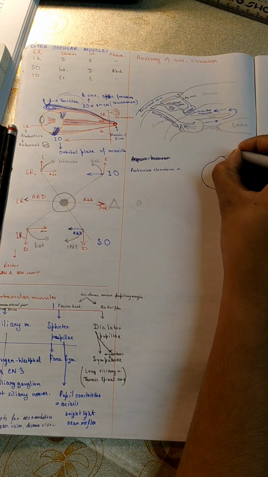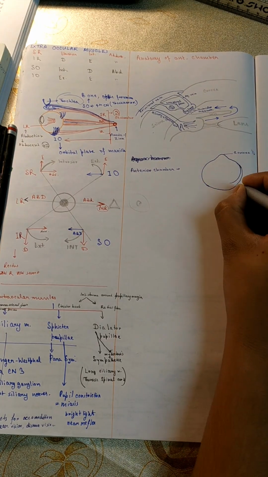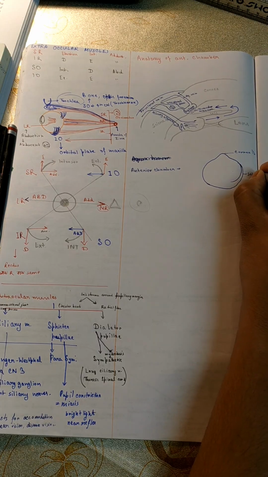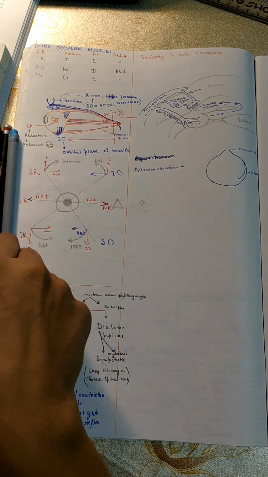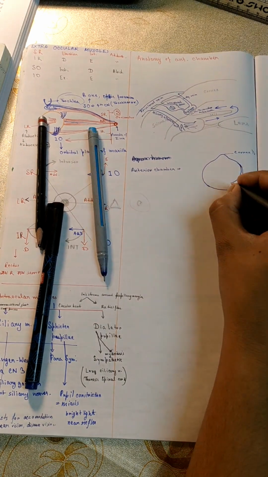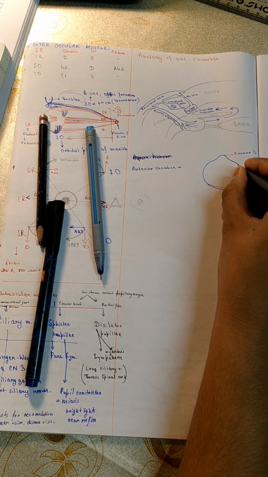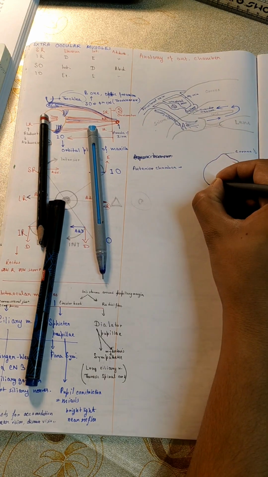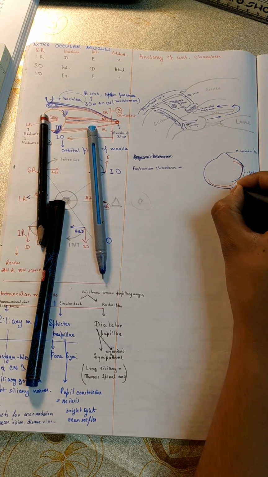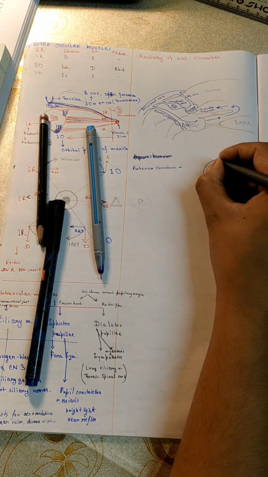Here it is called cornea, and here it is called sclera. Inside this, what I have is my muscle layer. Here will be optic nerve as well. This is my muscle layer.